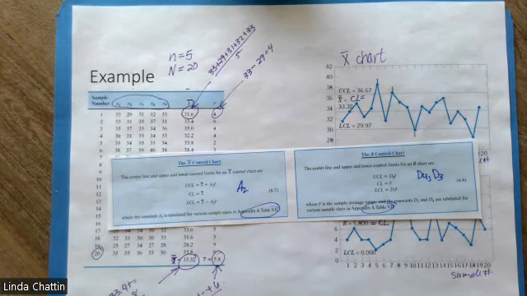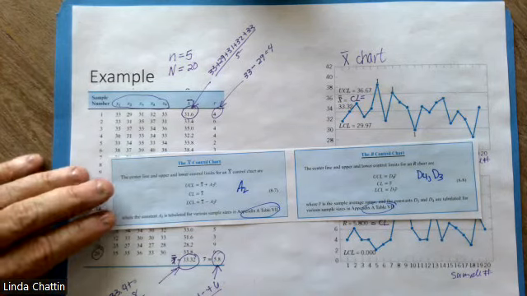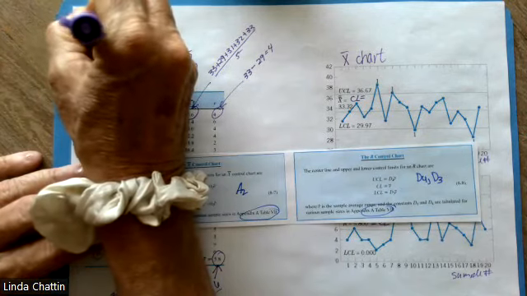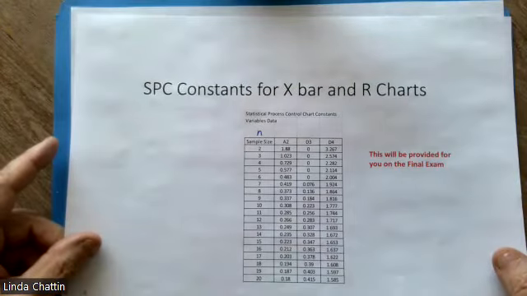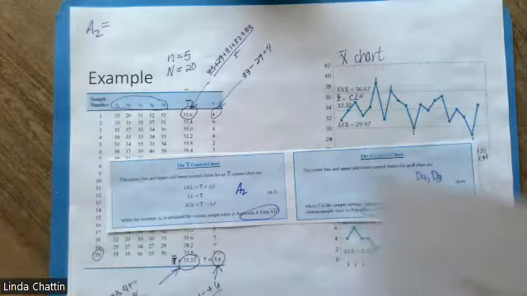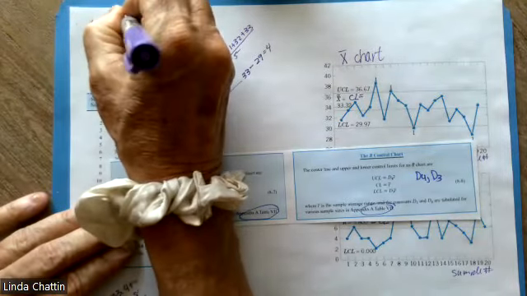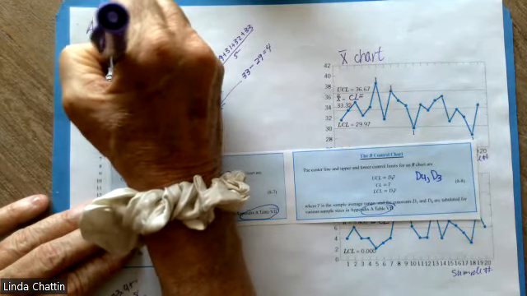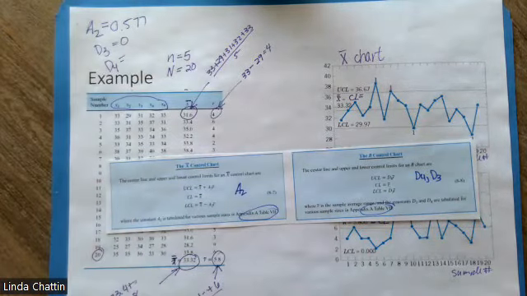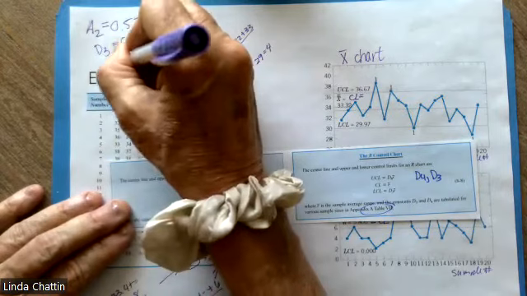So let's write down those constants because we're going to be needing them. A2, which I just got from that slide here, will be 0.577. D3, as I said, was 0, and then D4 was 2.114.